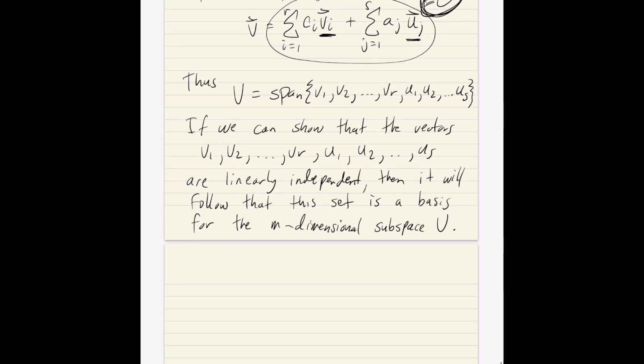So we're going to suppose that we have the linear combination above, the sum from i equals 1 to r of ci vi plus the sum from j equals 1 to s of aj uj. Suppose that that is equal to 0.